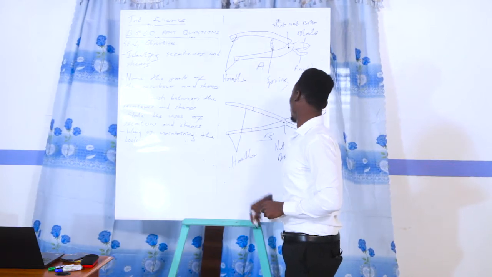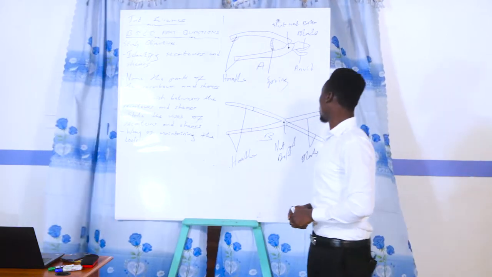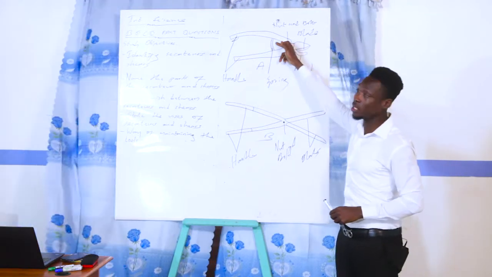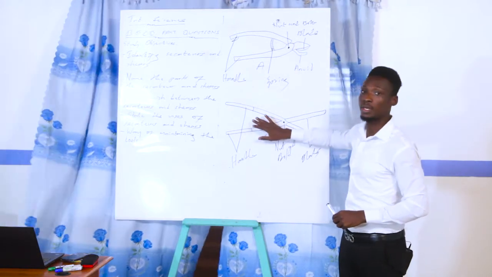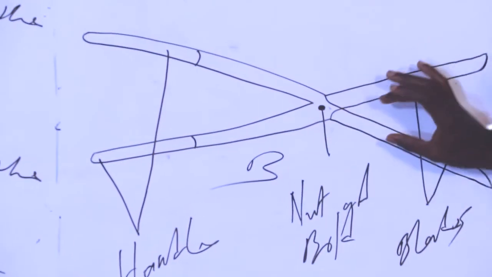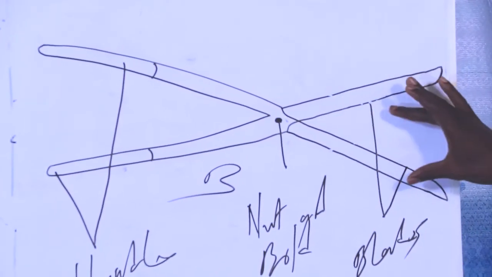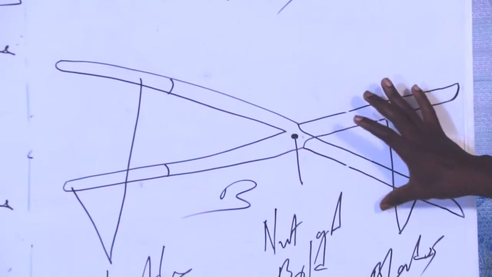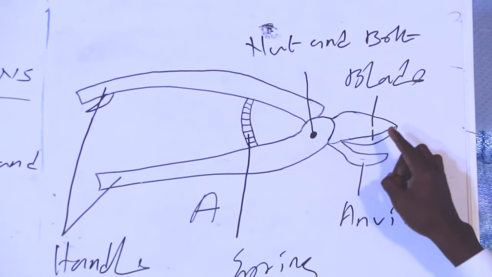Then handle. So you can see the difference very clearly. So there is a spring and we do not have spring. Lengthy blade, short blade, two blades, single blade.